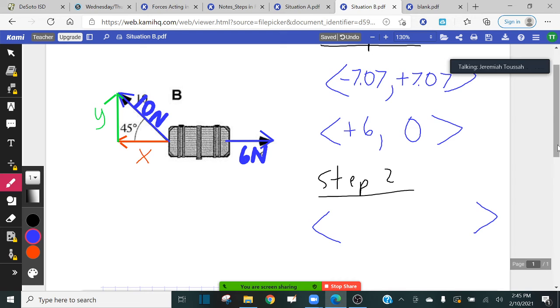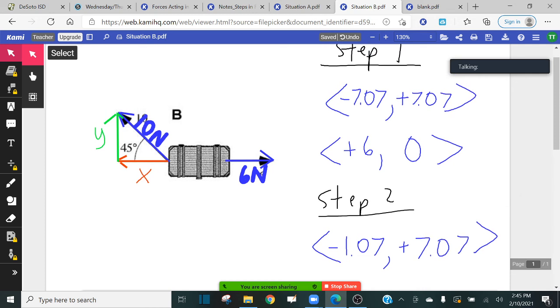Is that 1.7? No, that's wrong. Minus 1.07. Yep, minus 1.07. And then the y component? It's just 7.07. Positive. Yes, sir. Follow me so far? That's step 2. All I did was take this vector and combine it with that vector.